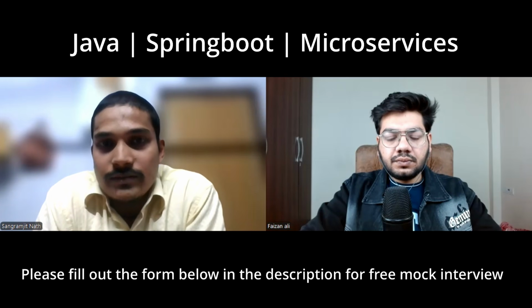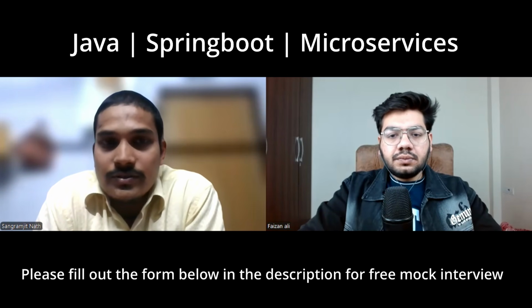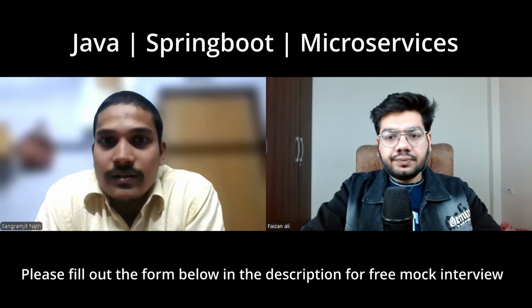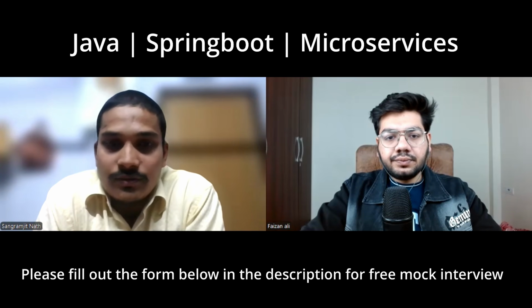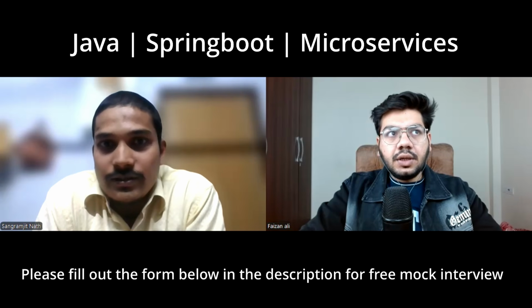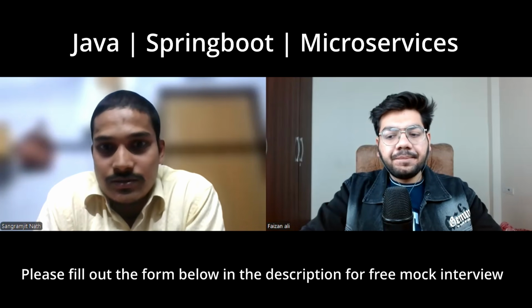Then there is a common service where I can manage all the dependencies and versions, and that jar I can import in all the other 10 services, so I manage all my versions in those 10 services.